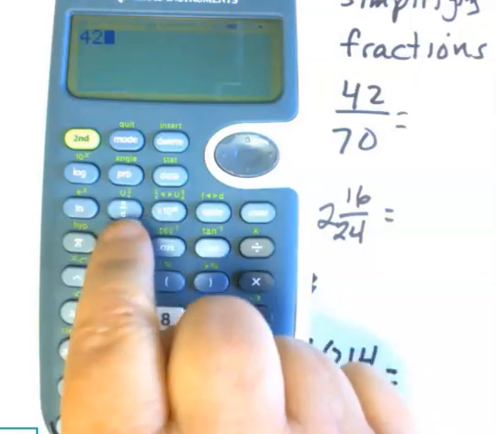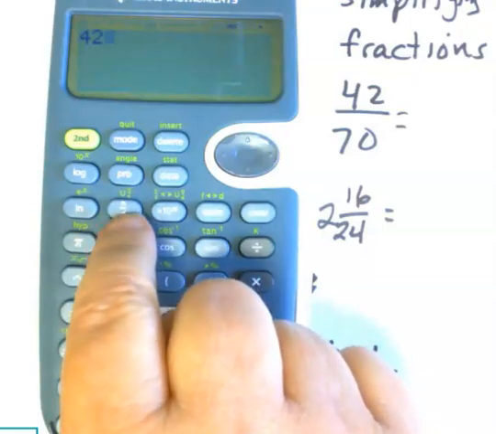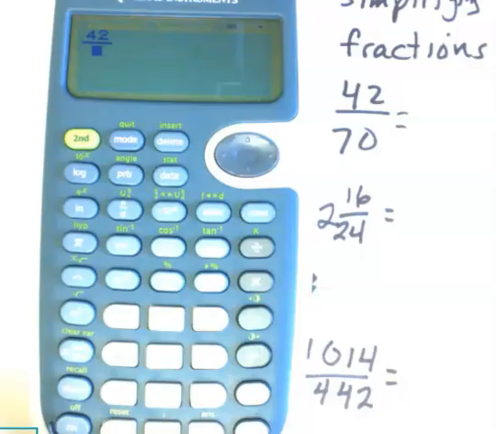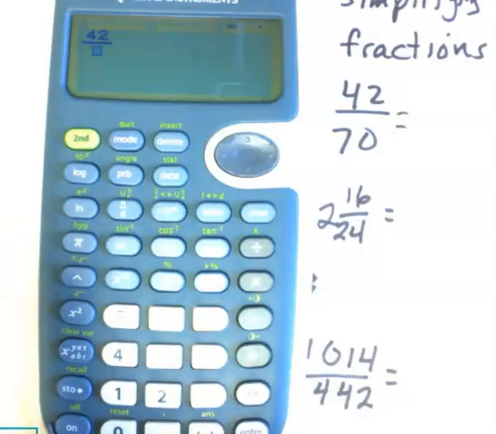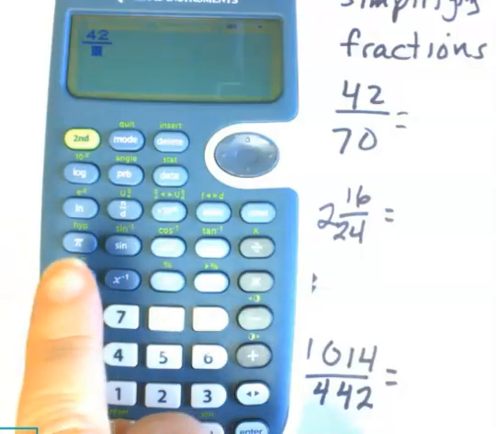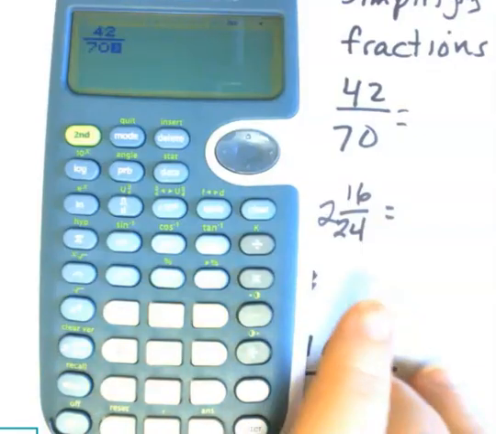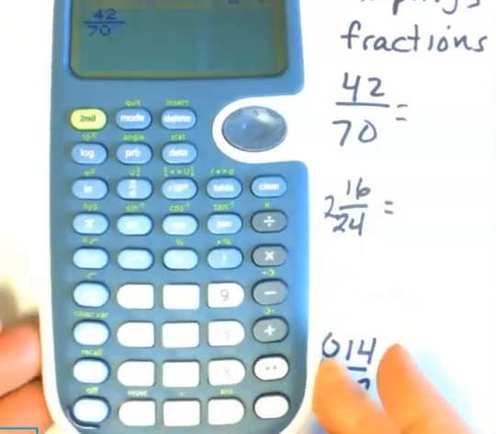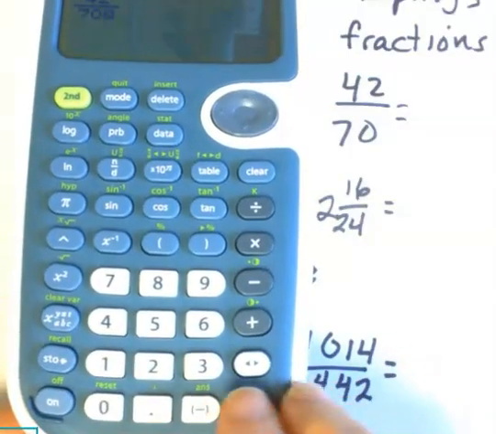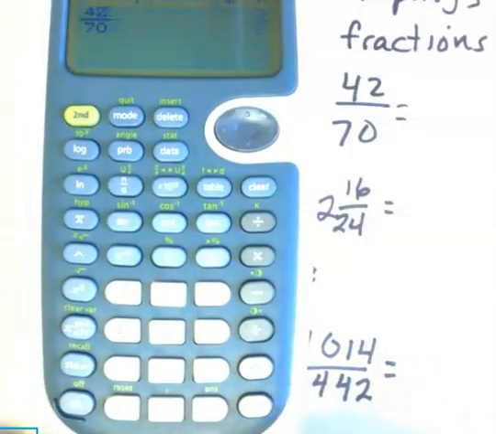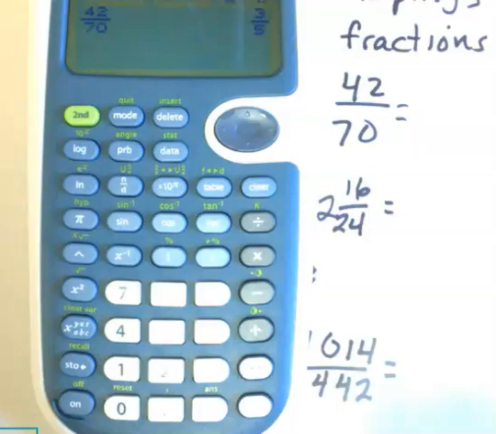Then I'm going to use this fraction entry button, N over D, and that's going to put the 42 up in the numerator, and you notice I've got a flashing cursor in the denominator, and so I'm going to type 70, and if I press enter after that, move it up so we can see the enter button, then you get 3. Is that 3/5? 3/5.